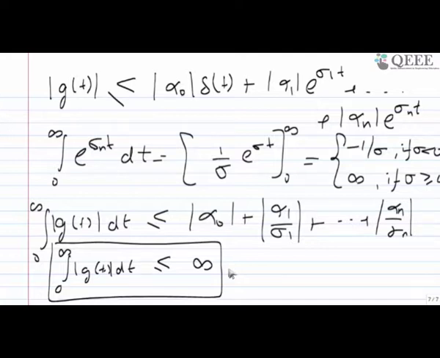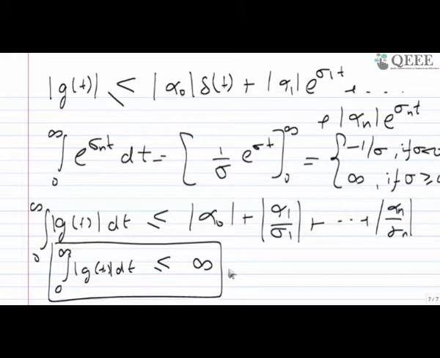So we have proved that if all the poles have a negative real part, then your system is asymptotically stable. Okay, and we also assume that it is for distinct roots. Now this is left as an exercise: if you have repeated roots, then the same results hold.